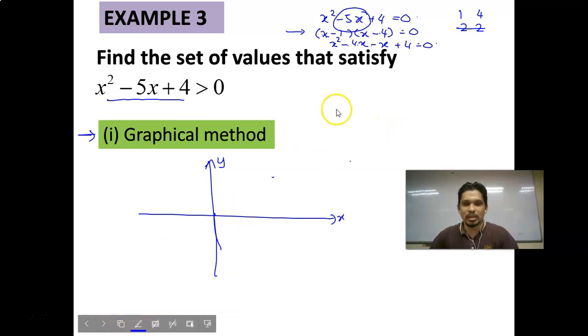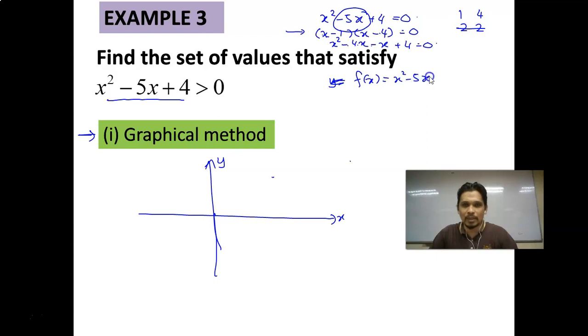Before we sketch the graph, we need to find out a few things. First, this is y equal to f(x) equal to x squared minus 5x plus 4. We make it equal to 0, then we find that x squared minus 5x plus 4 equal to 0.